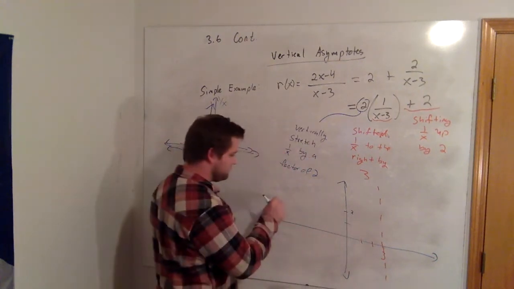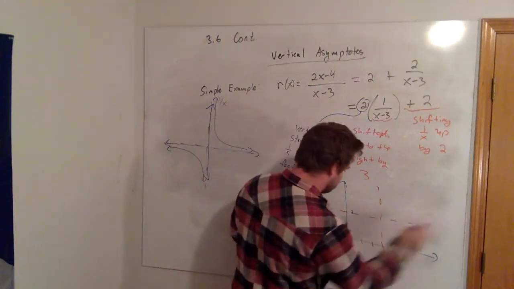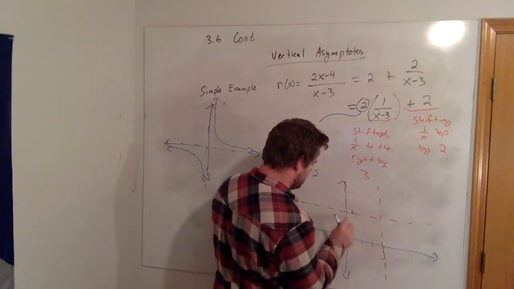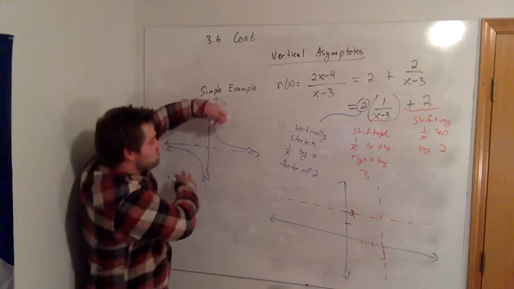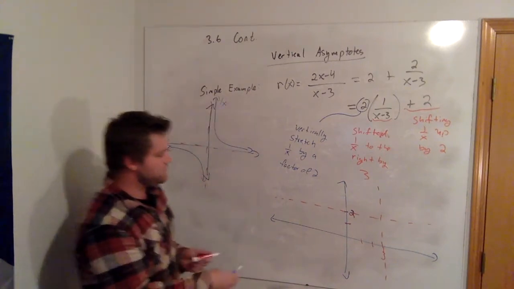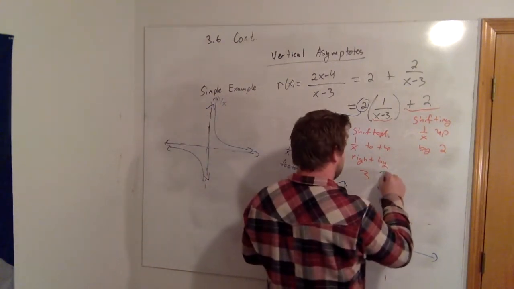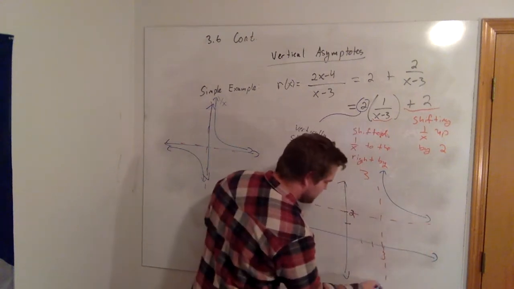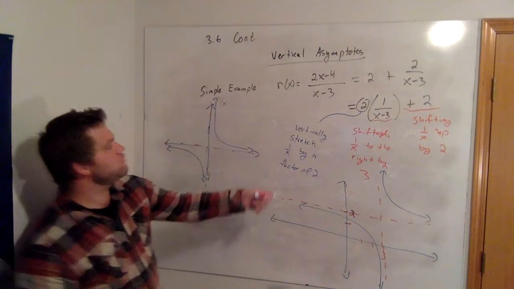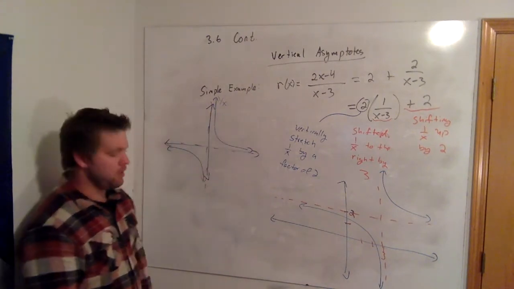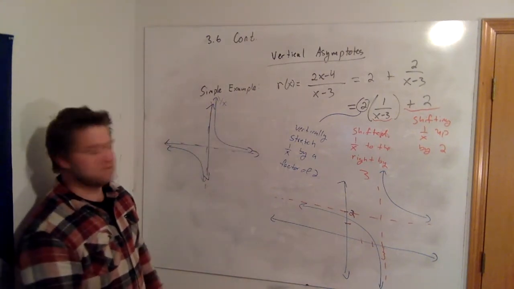So here's 2. Now the graph will be stretched a little bit more, but I'm drawing a rough sketch, so it won't matter too much. Imagine it's just a little bit more stretched than this shape right here. But here's a rough sketch of r of x, just by thinking about transformations.